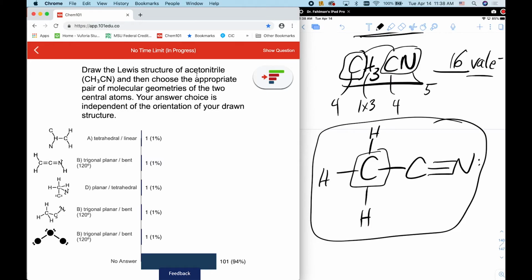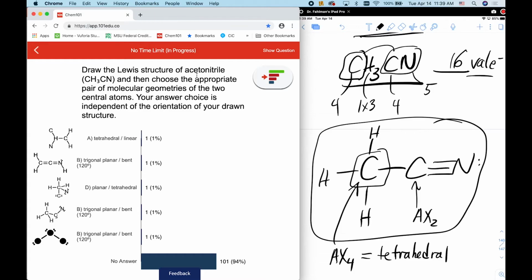And then it's asking about geometries. Around this carbon, you have 4 things, no lone pairs, so that would be tetrahedral. And then around this carbon, all you have are 2 things bonded to it, right?